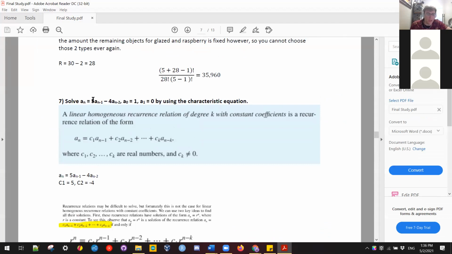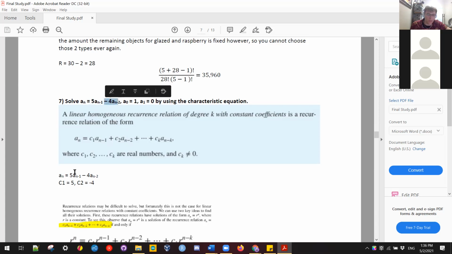Yeah. And so for this one, same equation, but we see the C1 and the C2. Since it's n minus 1 here, this C1 is going to be 5. And this is C2 a_{n-2}. We have negative 4 of a_{n-2}, because that's a plus, so this is minus.